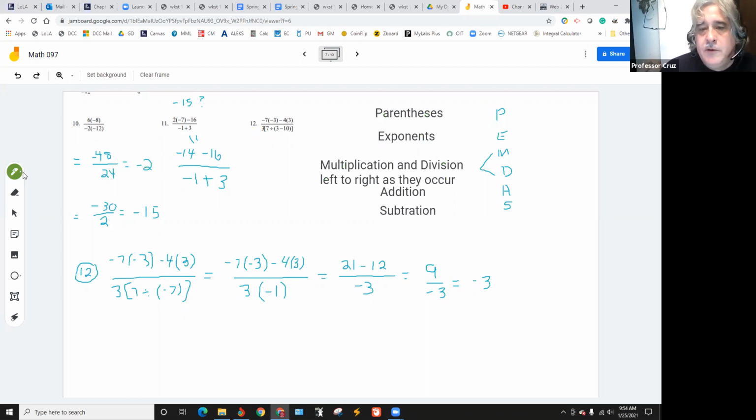So this is the one we were just talking about, the negative 2. Y'all got that one? And then this one, 2 times negative 7 is negative 14. Take away 16. These both are the same sign, so we add them, negative 30. Down here, it's negative 1 plus 3, so we take the difference, and it's a positive. So it's negative 15. All right, come back to that last one.